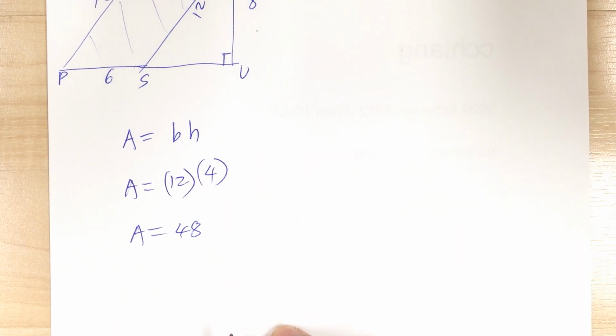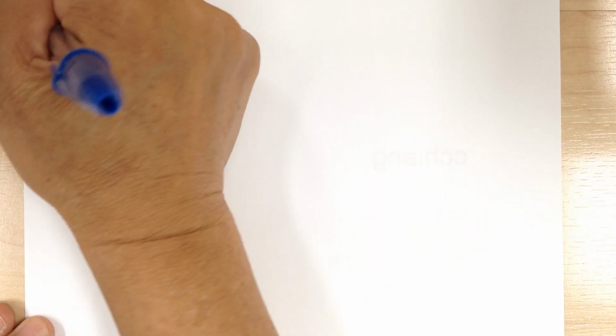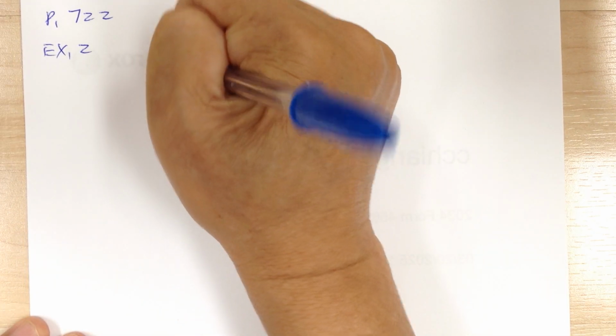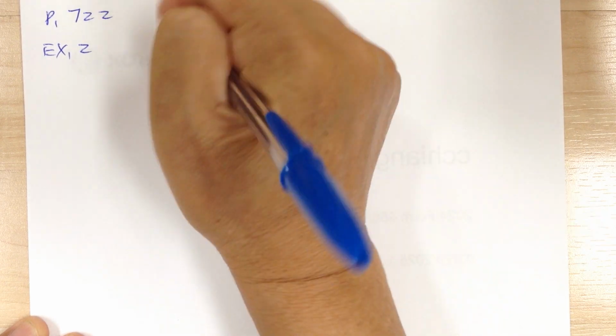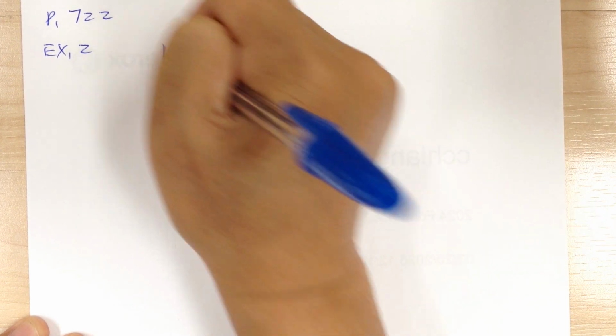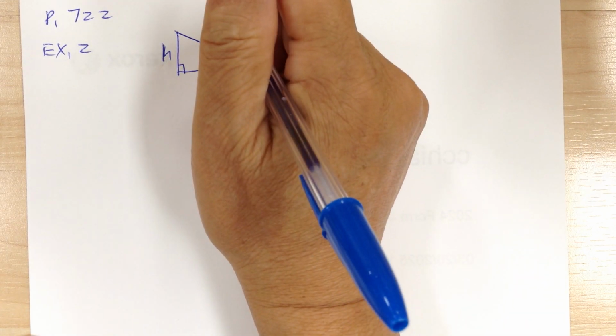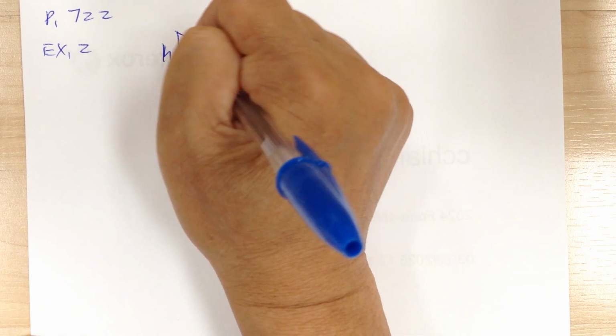Okay, now let's go to example 2. So you have this triangle, and this is H, and this is 2H. And the area is equal to 36.